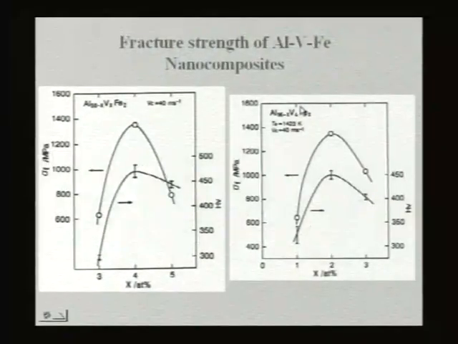Similarly, if you fix the vanadium and vary the iron, again you see when you have 2% iron, you get the maximum. So aluminum, 4% vanadium and 2% iron is the best as far as the mechanical properties are concerned, and that is what we have seen before. Whatever microstructures we have seen are all for this particular composition.